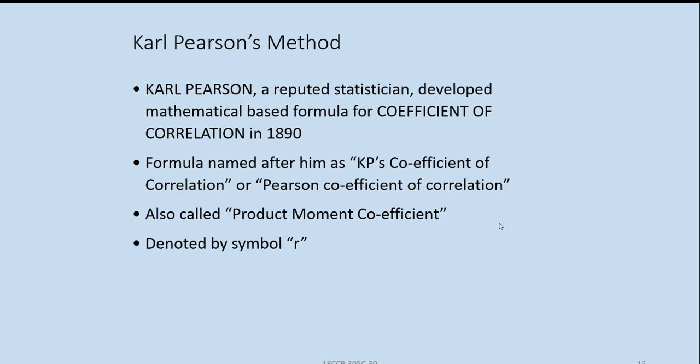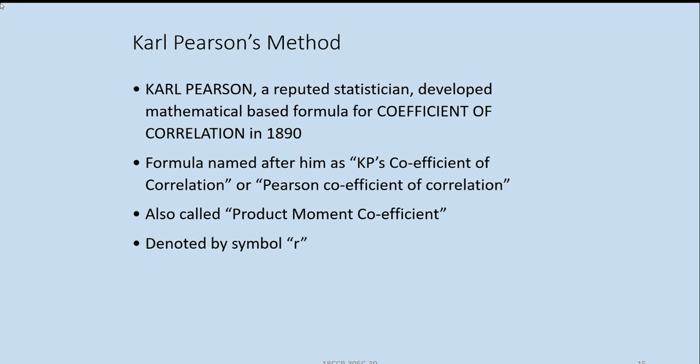Earlier also we have seen some concepts regarding Karl Pearson. He is a very old, very good statistician who has given very many concepts for statistics. The formula is named after Karl Pearson, so his name is given to the formula for calculating the coefficient of correlation.